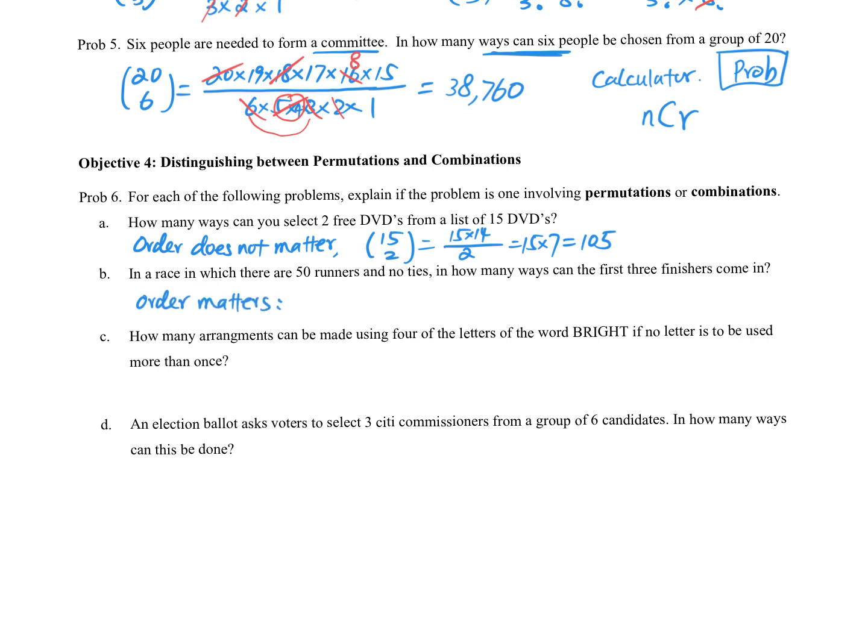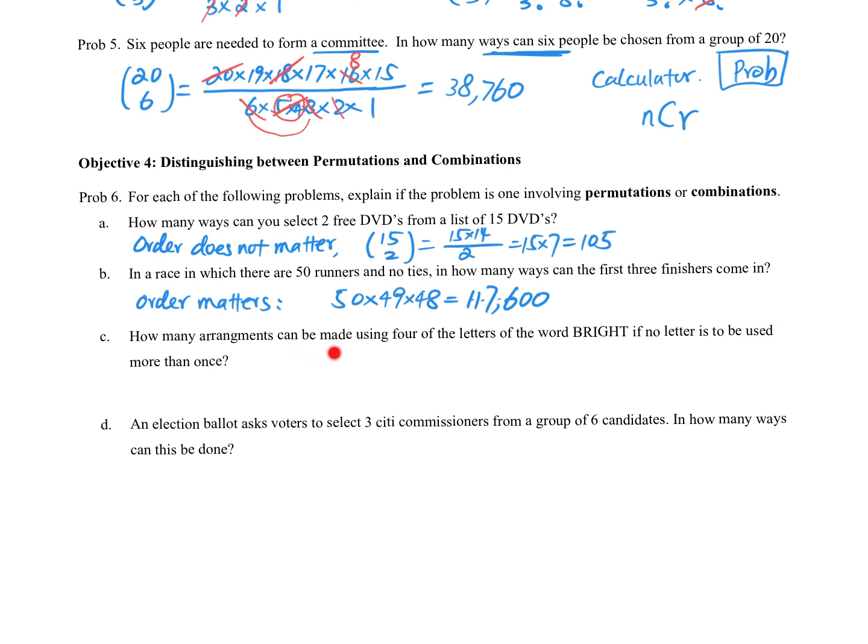Then we use 50 times 49 times 48. Whatever this number is, that's how many ways. So I'm going to do a quick calculation: 50 times 49 times 48. This is 117,600 different ways.